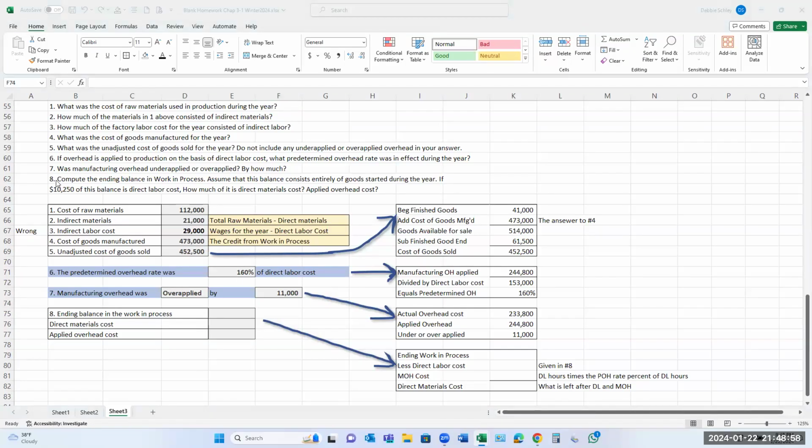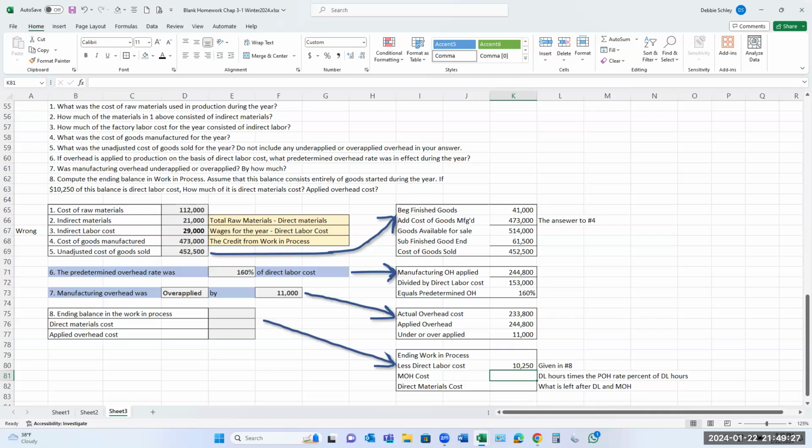Required 8. Compute the ending balance in work in process. Assume that this balance consists entirely of goods started during the year. Okay, no beginning balance. If 10,250 of this balance is direct labor cost, okay, so they gave me this right here. How much of it is direct materials cost and applied overhead cost?